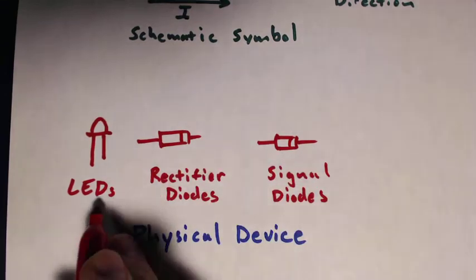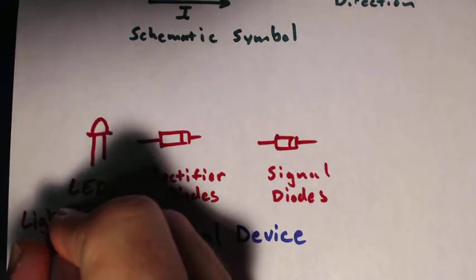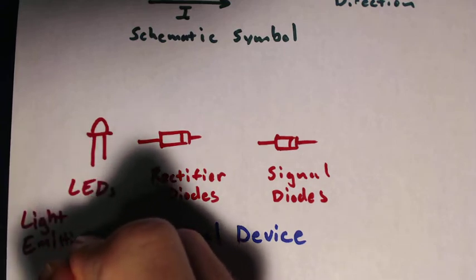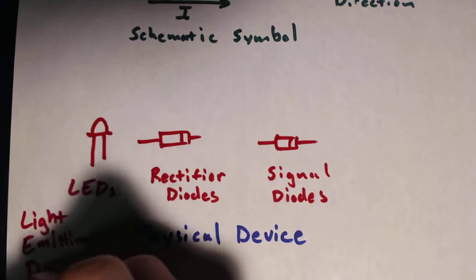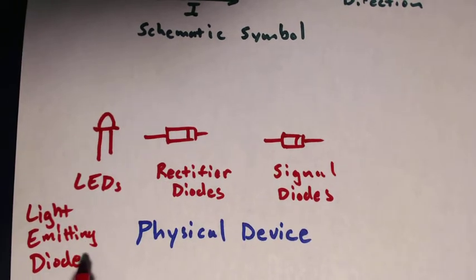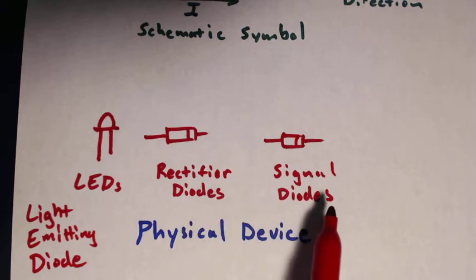LED is actually an acronym for light emitting diode. Okay, so an LED is a diode. We also have rectifier diodes, and we also have signal diodes.